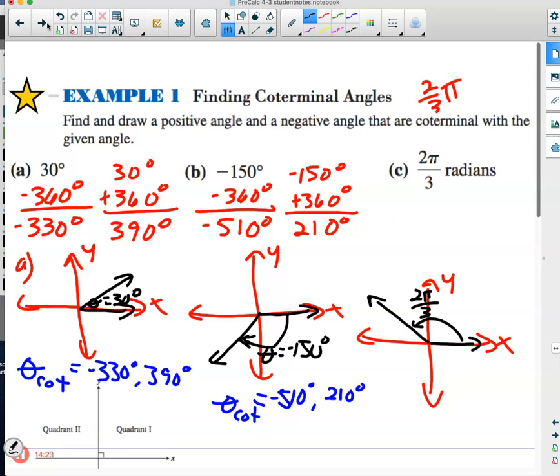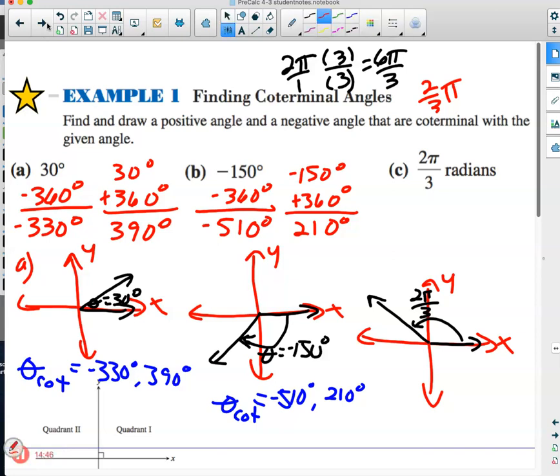And now to figure out our coterminal angles for this one, we're going to have to think in terms of adding and subtracting 2 pi, but in thirds. So if we have 2 pi, it's 2 pi over 1. We're going to have to multiply our numerator and our denominator by 3 because we need a common denominator of 3.